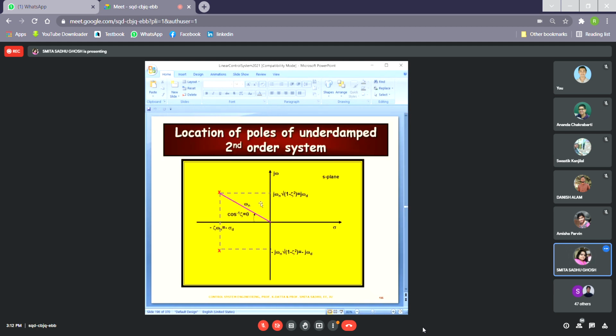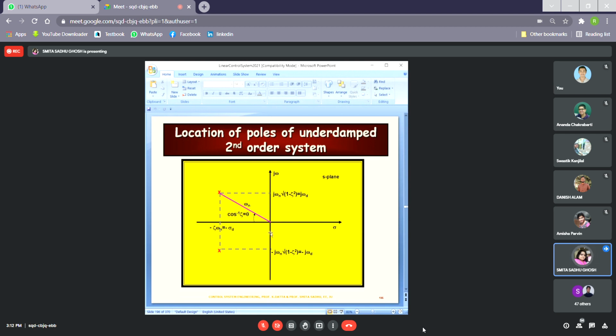So now this is a general representation of the underdamped second order system case, which we've already done, but I'm just showing it again. If the plot is done in the S-plane, this is the real axis, and this is the imaginary axis.